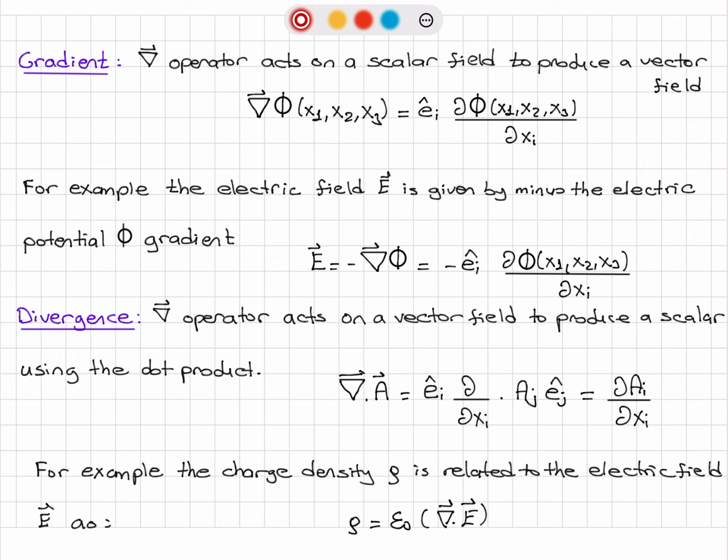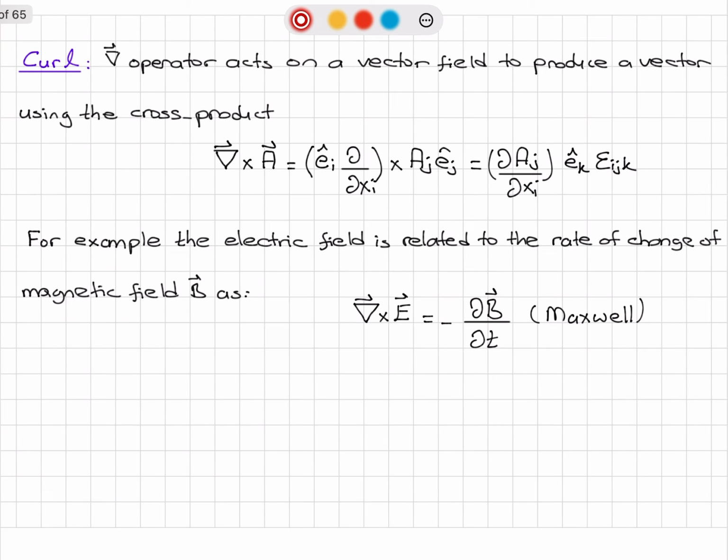If we take the dot product with the del operator and the vector, now we have a scalar at the end, and that's going to be the partial derivative of the ith component of vector A with respect to xi, and this is a summation over the ith component. For example, the charge density is permittivity of free space times the divergence of the electric field, and the curl produces a vector as well.